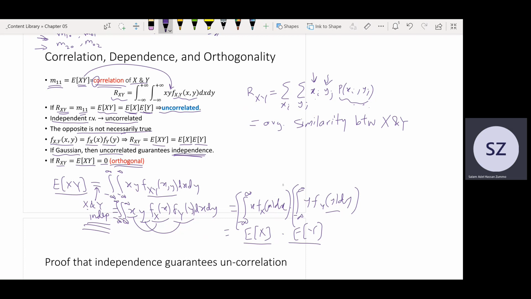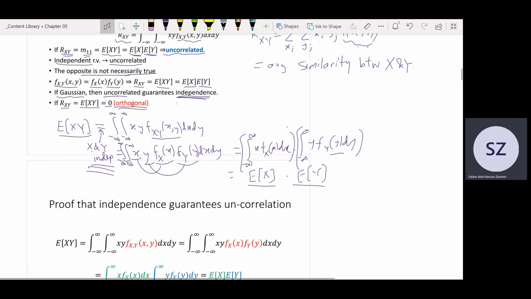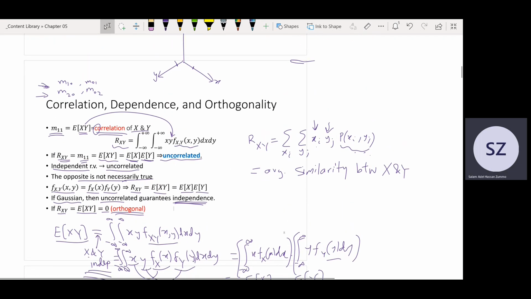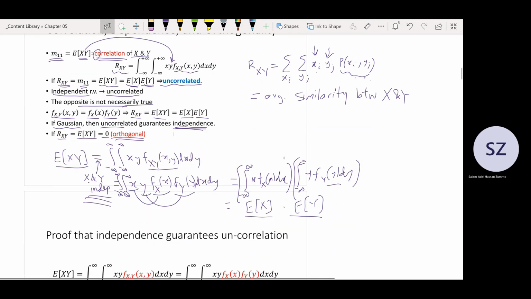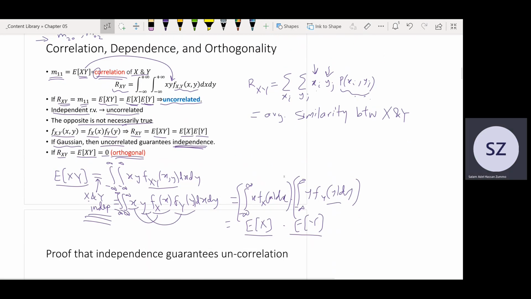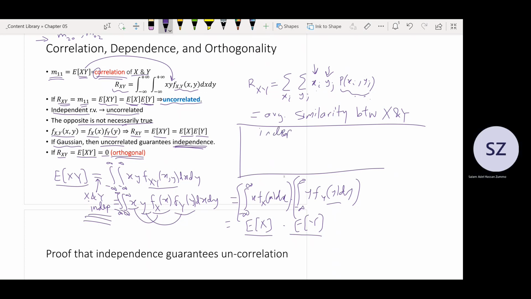So if two random variables are independent, it means they are uncorrelated, right? However, uncorrelated does not necessarily mean independent. They may or may not be independent.